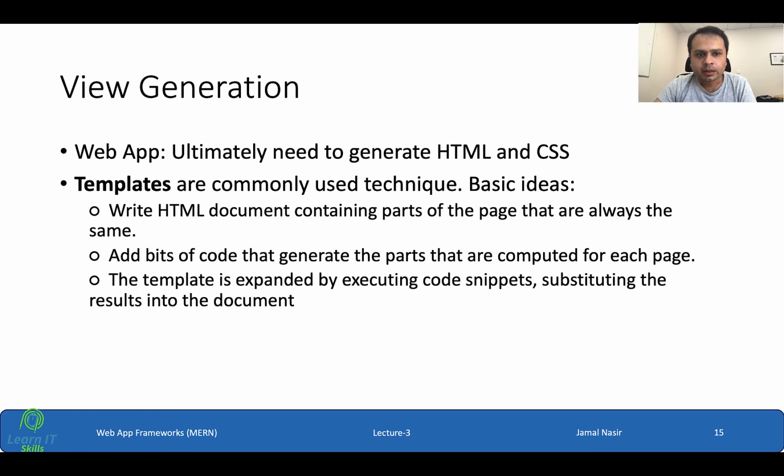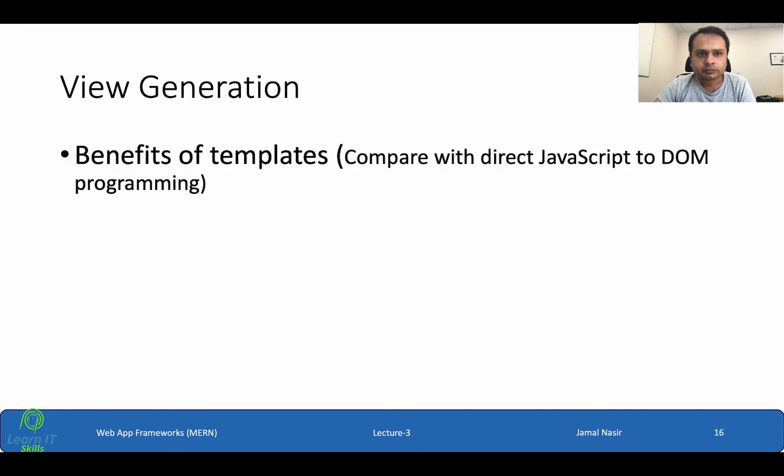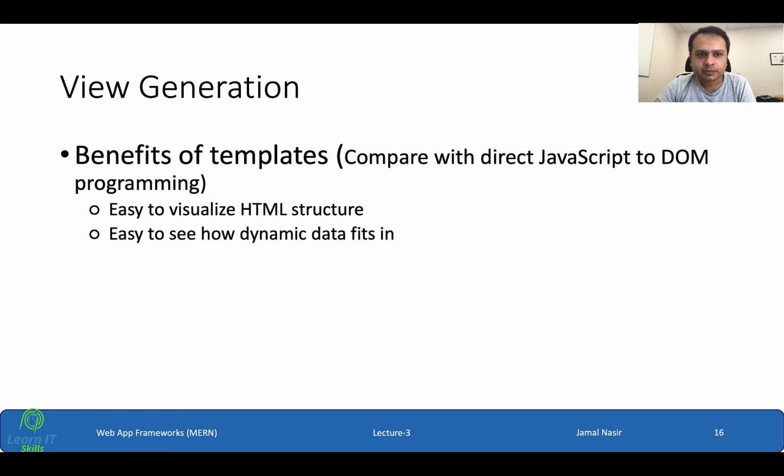The template is expanded by executing the code snippets, substituting the results into the document. Benefits of templates: easy to visualize the HTML structure, easy to see how dynamic data fits in, and it can be done either on the server or in the browser.